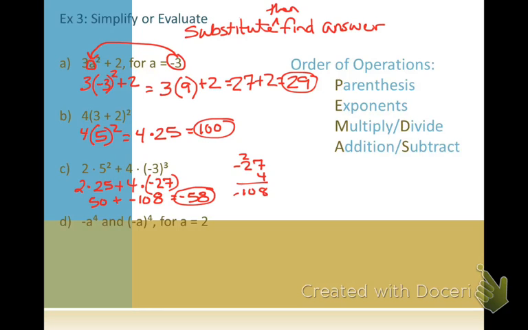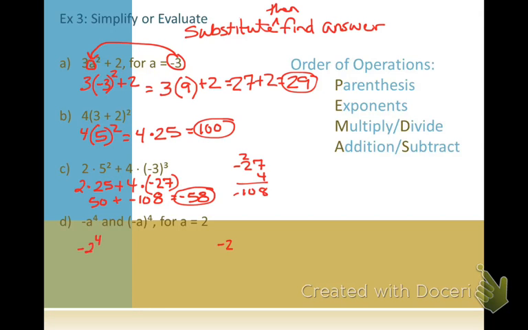Now, D, little different. Look at this. We have negative 2 to the 4th and negative 2 to the 4th. One's in parentheses and one isn't. So we're going to start with the one not in parentheses and see why they're different. I'm going to move that over just a little bit.